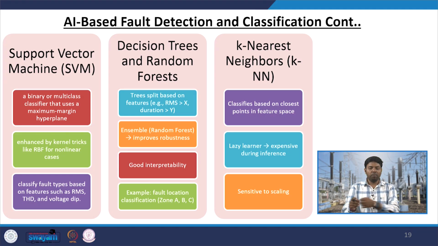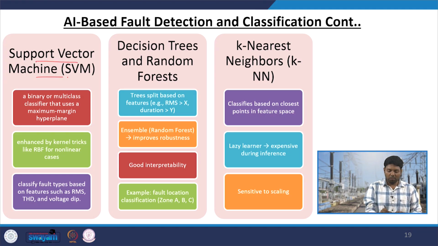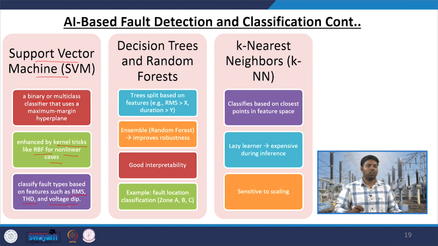So, different AI based fault detection classification algorithms involve support vector machine, which is ML based, normally used for binary and multi class classification with the help of kernels, maybe a radial basis function for nonlinear cases, and as features we normally feed the RMS value, THD value and the voltage dip value.